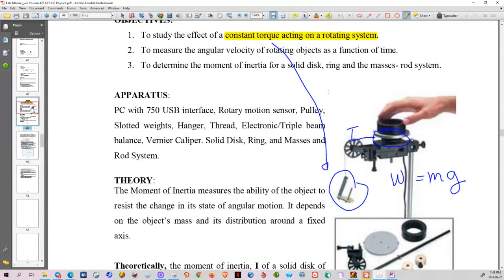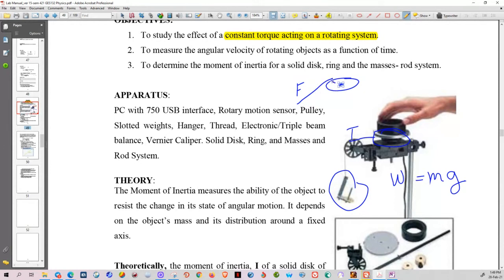So what happens is, let me erase this. This is the pulley, and the string is attached like this. And this string will pull the pulley, causing it to rotate, because the string is tied around the pulley, okay? Now what happens? This is the force that causes rotation. It is applied on the pulley at an angle of 90 degrees.